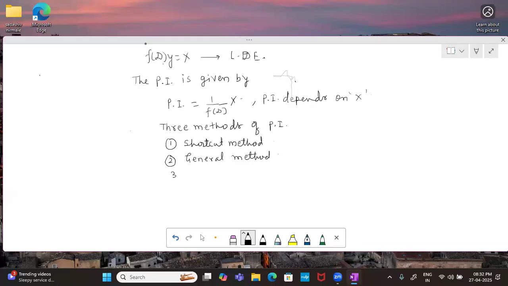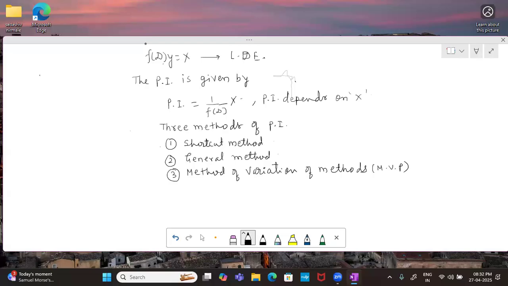And the third one is the method of variation of parameters, also called MVP. This method is used only when it is given in the question to solve by MVP. Otherwise, we try to solve the PI by the shortcut method and the general method.